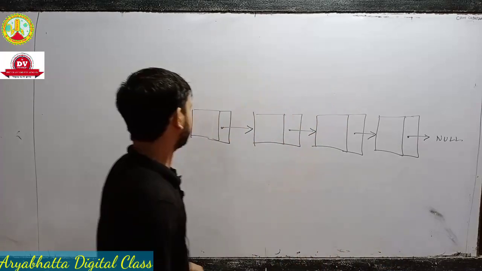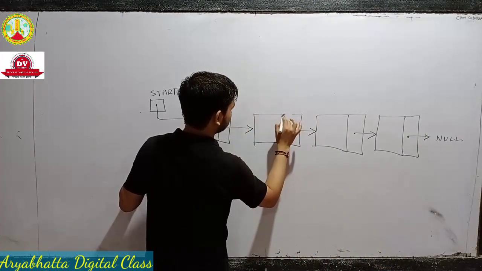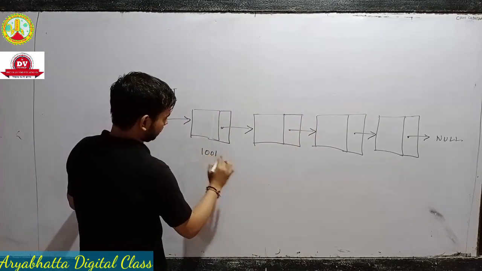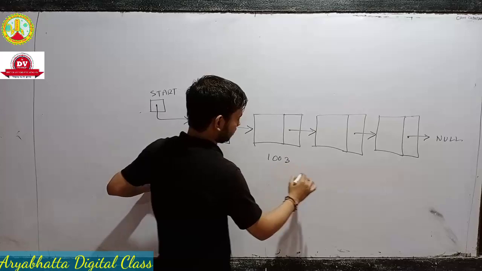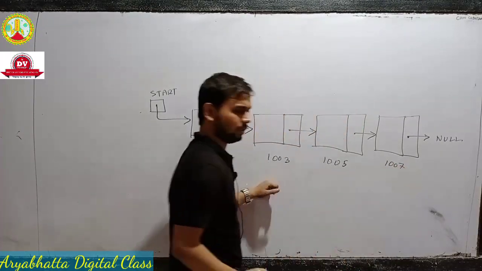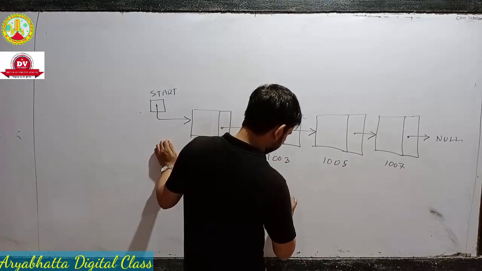This is null. This is the memory address: 1001, 1003, 1005 and 1007. We declare it is a singly linked list.